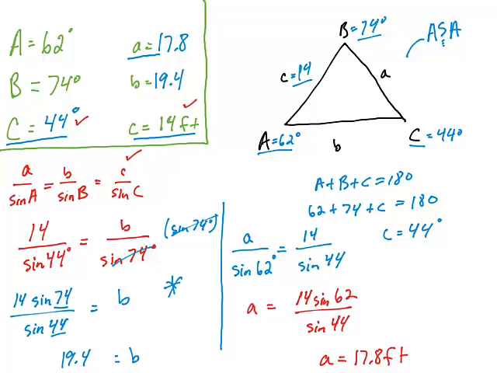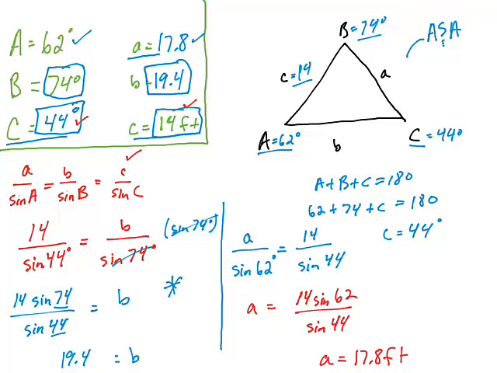Now, one thing to check for is we want to make sure that whatever angle is the biggest must be opposite the largest side. So in this case, 74 degrees is opposite 19.4. Those are both the largest values, so that's good. The smallest angle and the shortest side must be opposites, and then whichever values are in the middle need to line up.